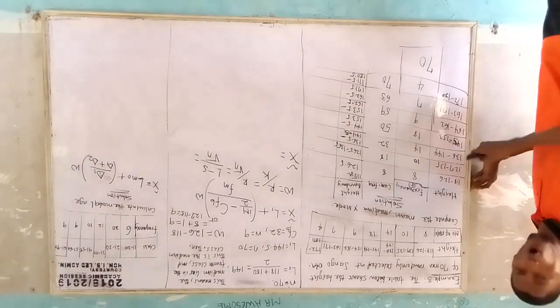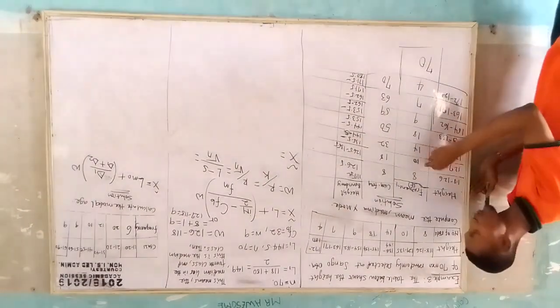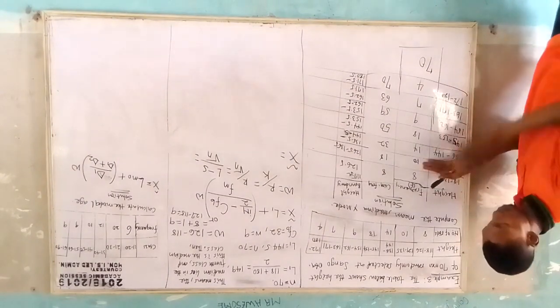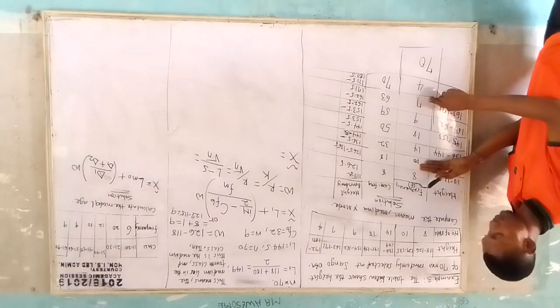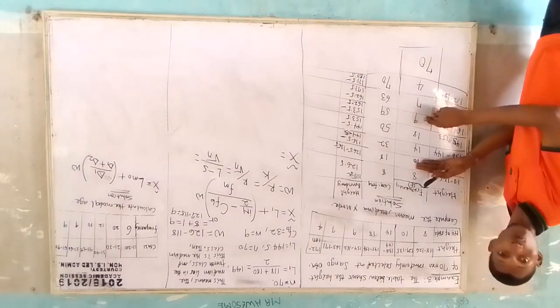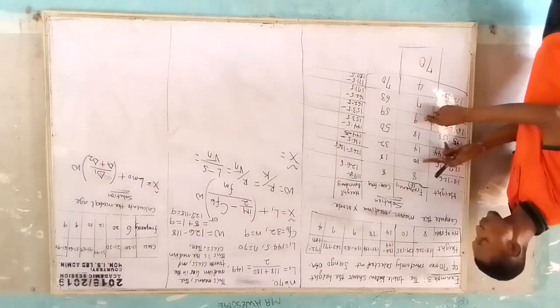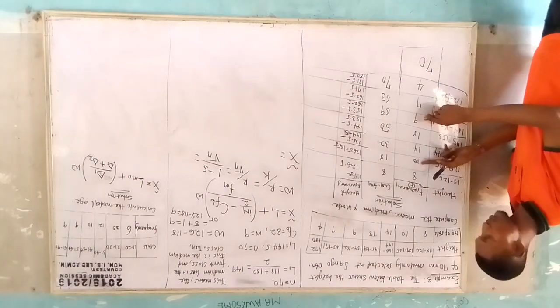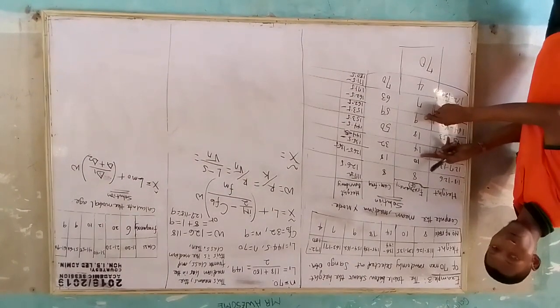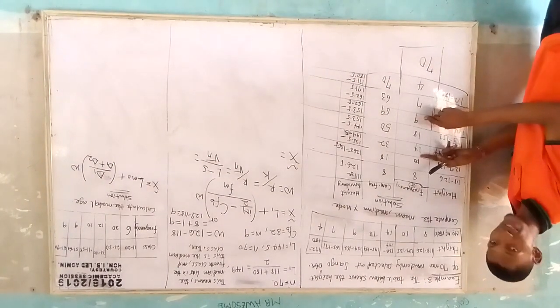Or you simply check: 10 plus 8 is 18. 7 plus 4 is 11. 11 plus 9 is 20. 18, it remains 2 here. Okay, 20.